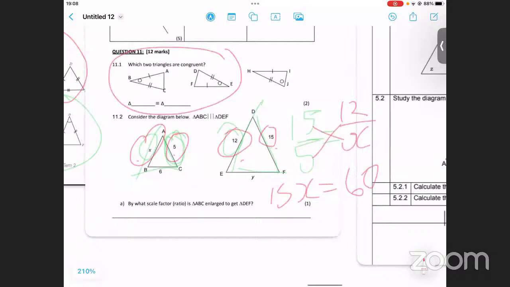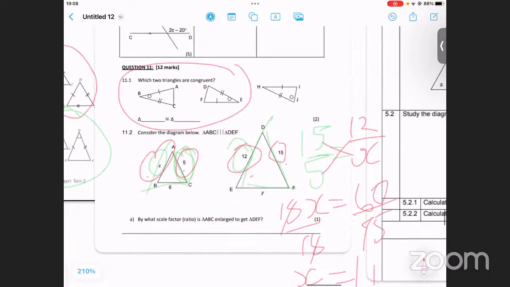Now we're going to divide everything with 15, so this 15 is cancelled by that one. Then you're going to have x equals 60 divided by 15, and it's 4. So that means this line, x is equal to 4.